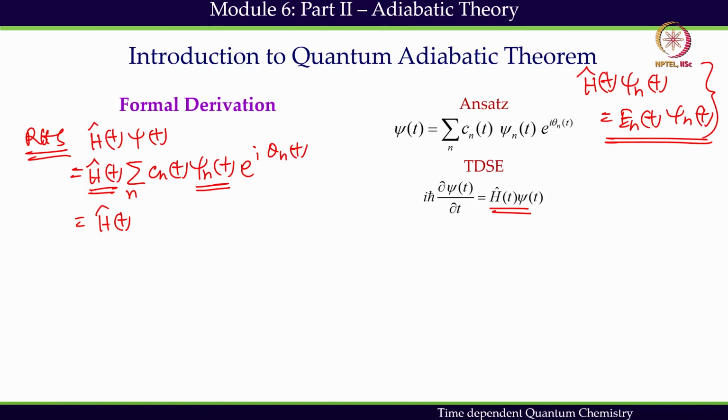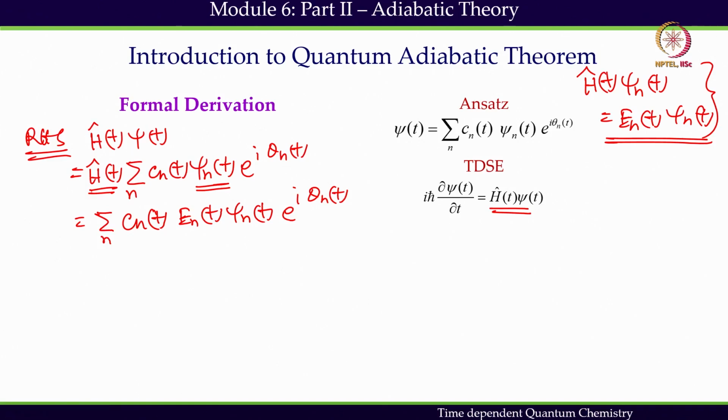And so I can write down that this is nothing but Cn(t) E_n(t) psi_n(t) e to the power i theta_n(t).